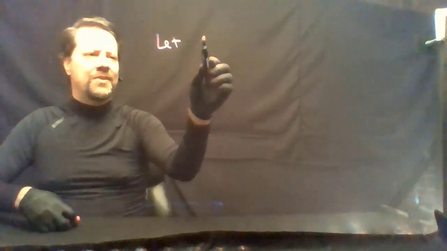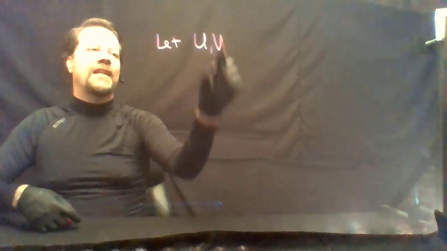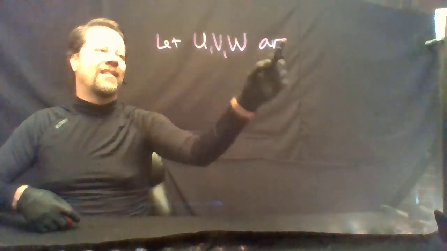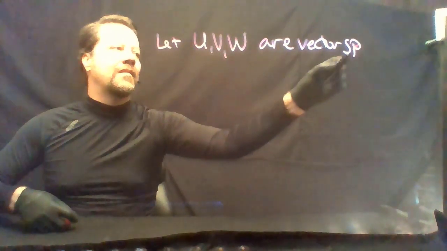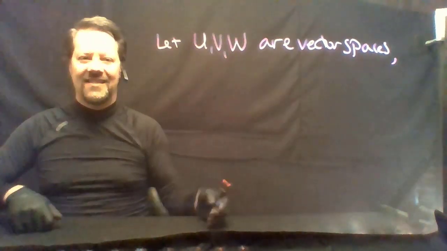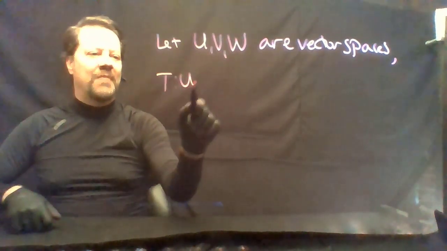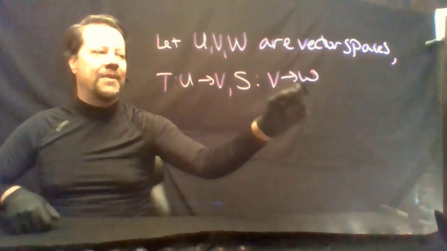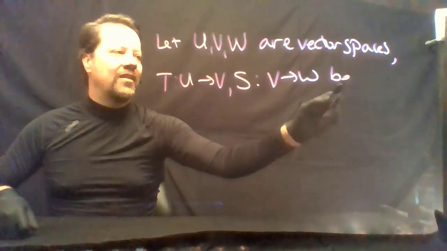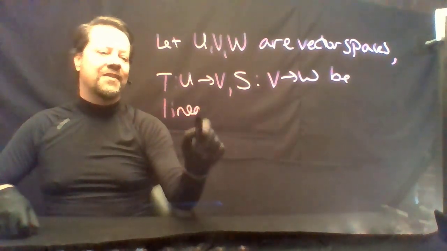There is one more basic operation that we have to add to all of this, and that is function composition. Let's suppose that U, V, and W are vector spaces, T maps U into V, and S maps V into W, the linear transformations.